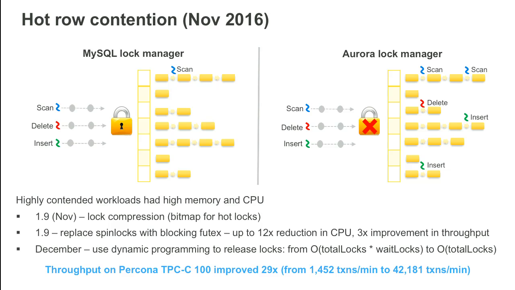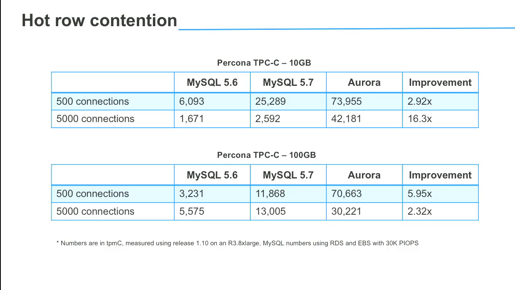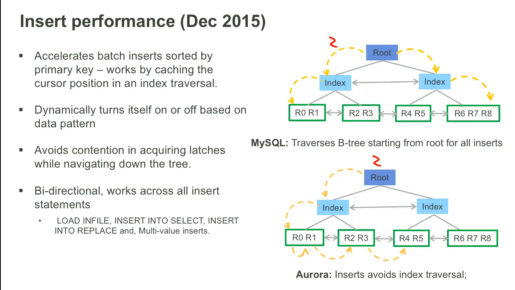We used a dynamic programming algorithm to get much better performance in these kinds of hot row contention scenarios. And in fact, as a result, we have some very impressive numbers in TPCC for Aurora versus both MySQL 5.7 and 5.6. 5.7 certainly improved TPCC performance much better, but Aurora takes it to the next step.